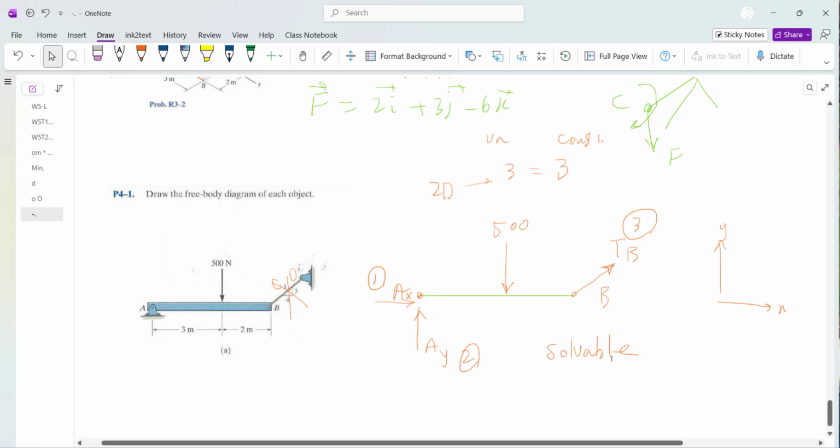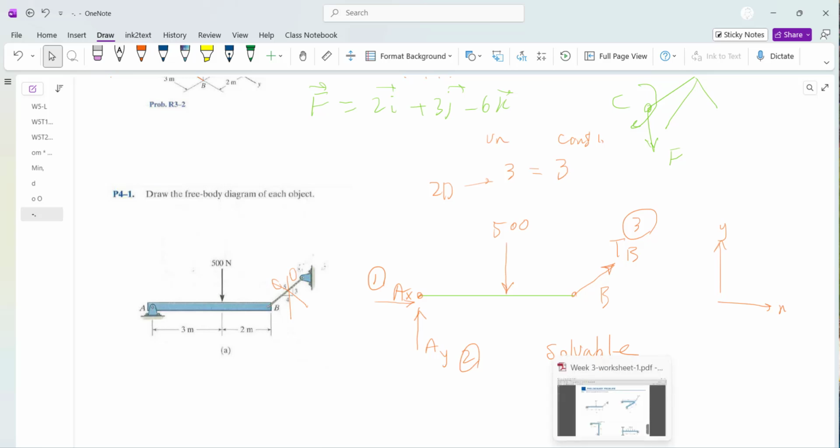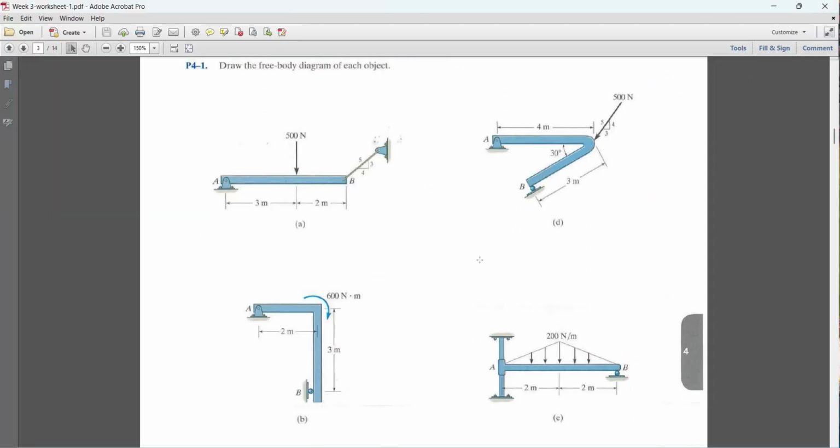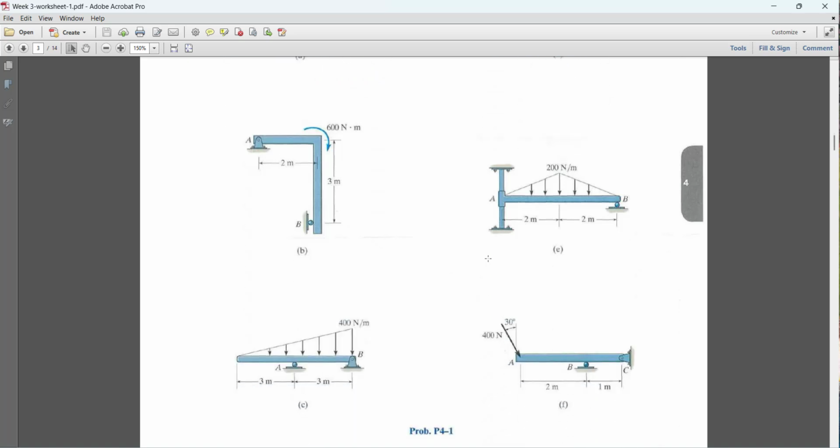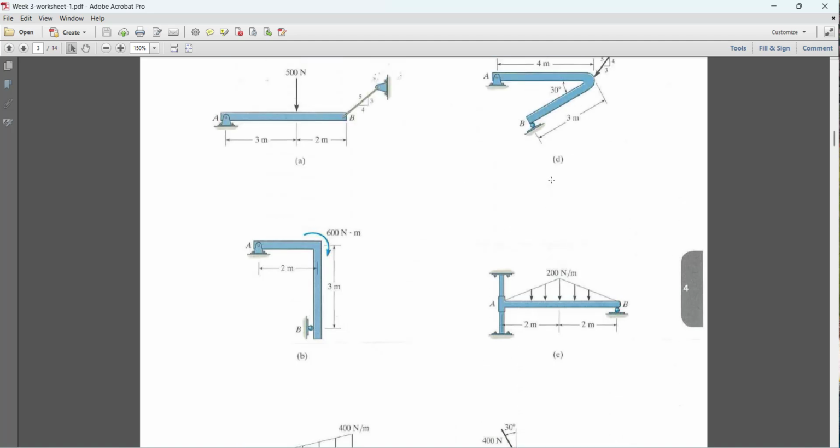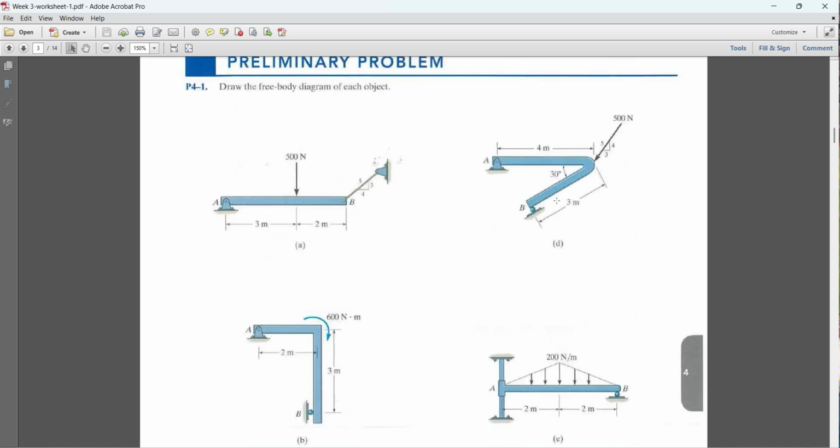All right. The concept of the free body diagram is a little bit difficult to digest. We have to go through many demonstrations and practices before everyone feels comfortable with that. So let's go with this free body diagram.